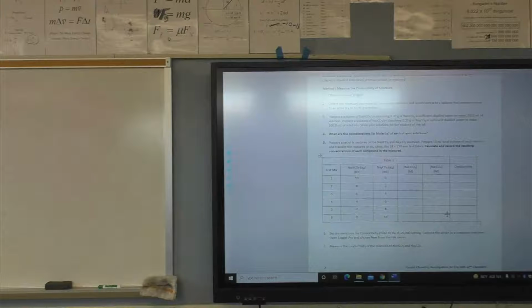What do we do once we have the conductivity numbers? Do number 4 for this, the concentration, and see if you can do the other concentrations too. And once we are there, we'll get back together and talk about it.